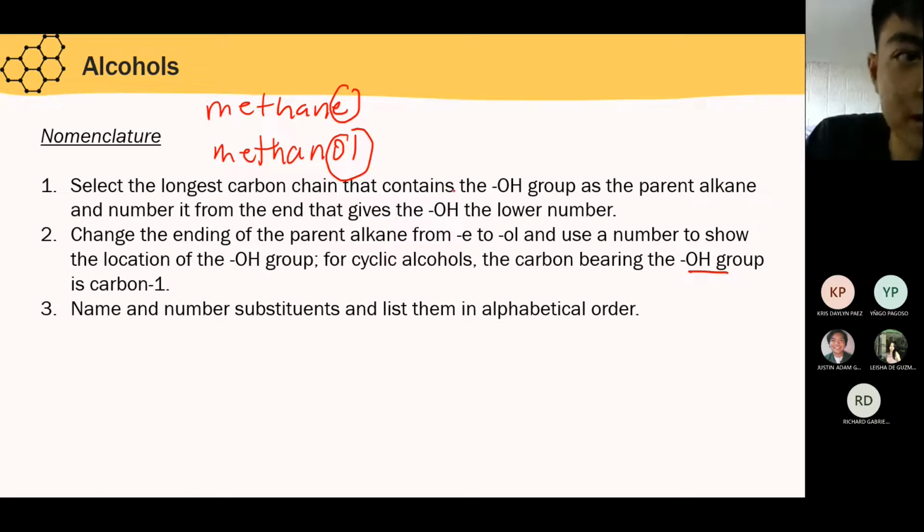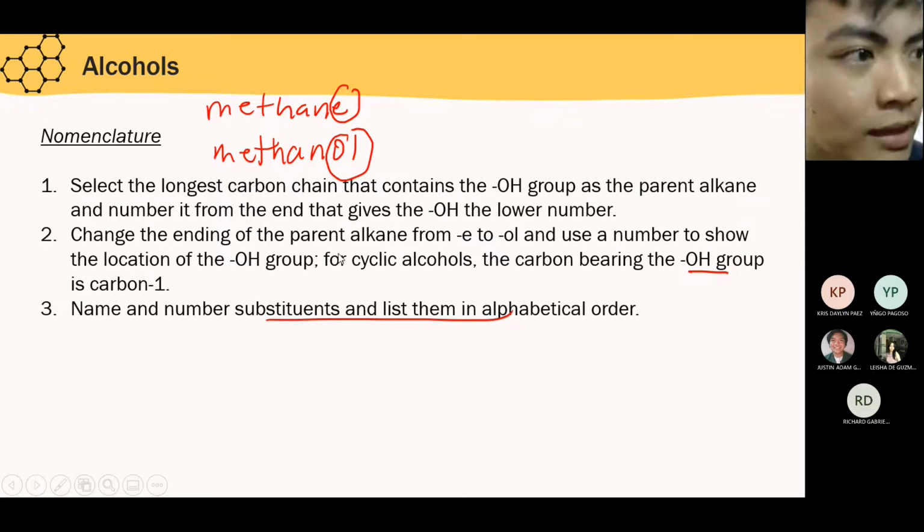Especially kasi alam natin, meron tayong tinatawag na isomers, di ba? Constitutional isomers. So sometimes you have to indicate saan nakakabit yung OH. And then after that, if you have other substituents, we follow the way how we deal with them sa alkanes.